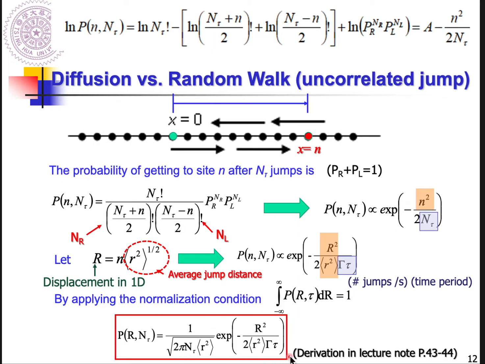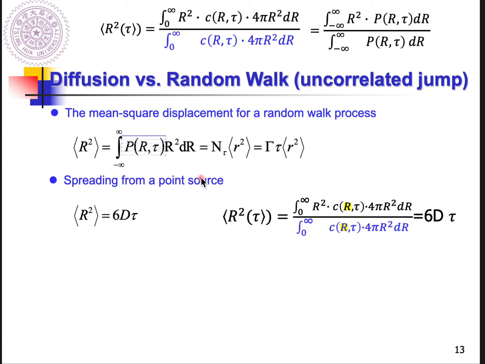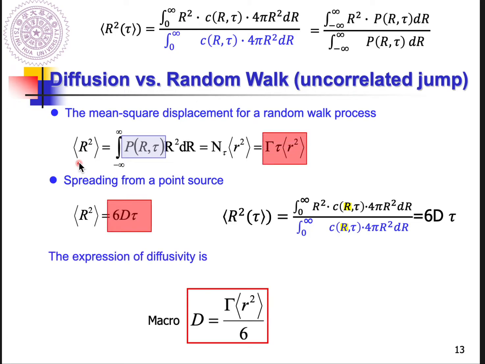This is the expression of the radial probability as a function of radius and time. You take this back to this and take the integral, then you can get the mean square displacement. So after this, these two terms are equal and equal to the mean square displacement.